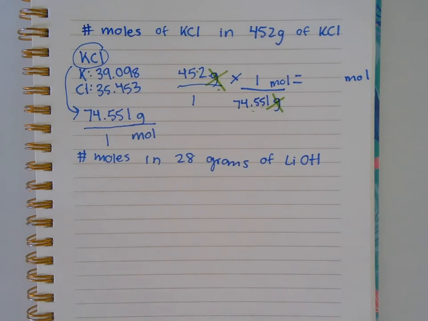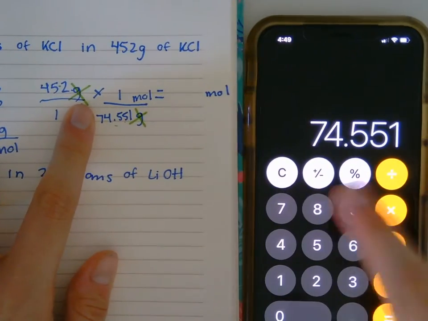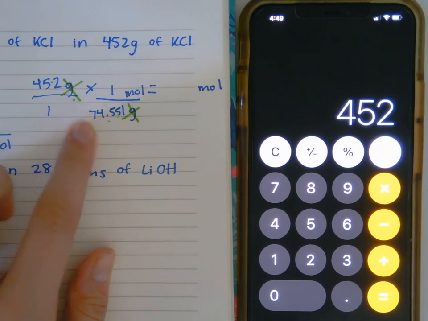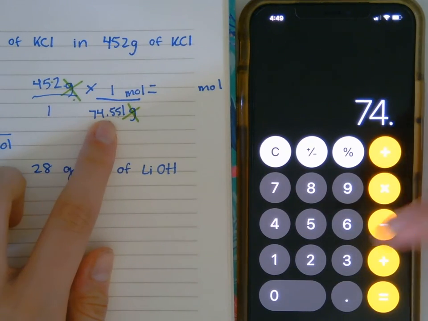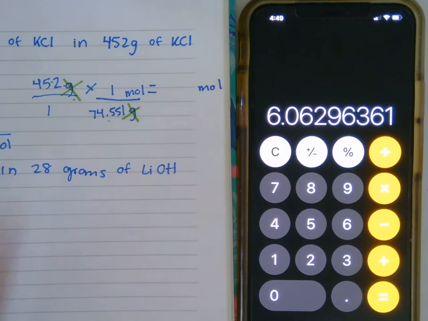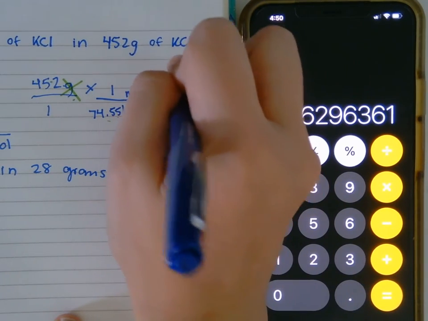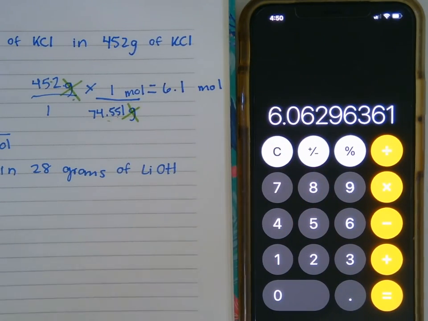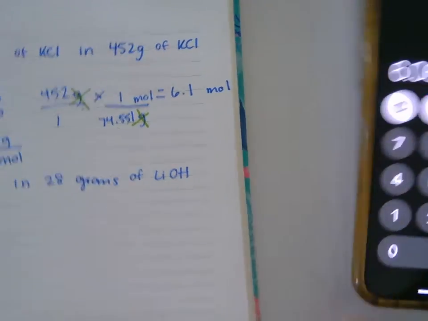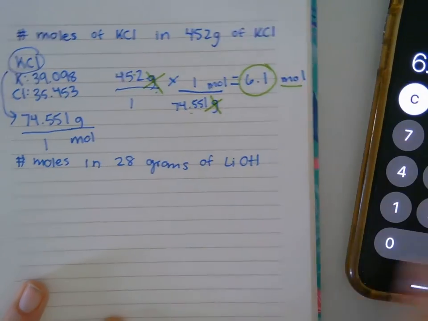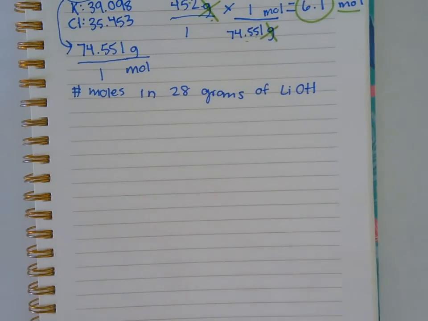I go to my calculator and say 452 divided by 74.551, which is 6.06. The problem said to round to the first decimal place, so that rounds up to 6.1 moles. And that is my answer for number 1, 6.1 moles. Remember the unit.